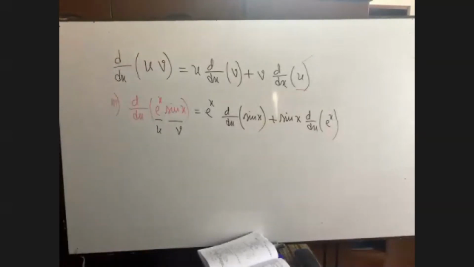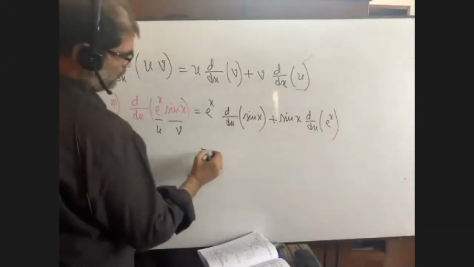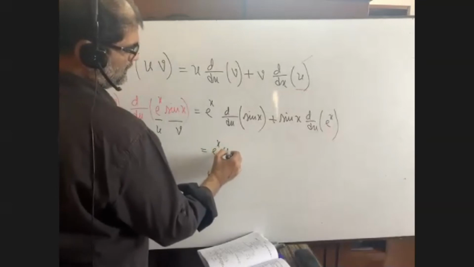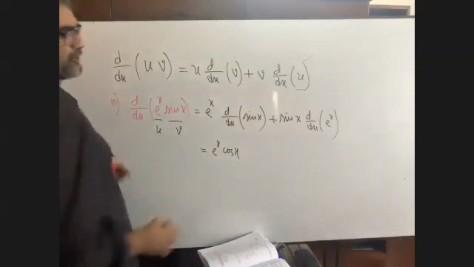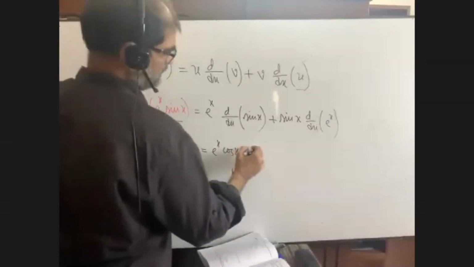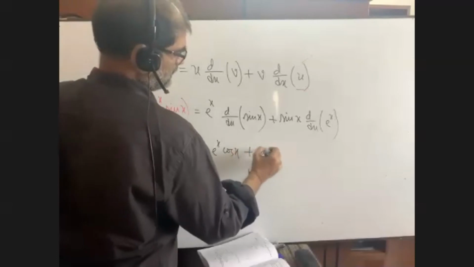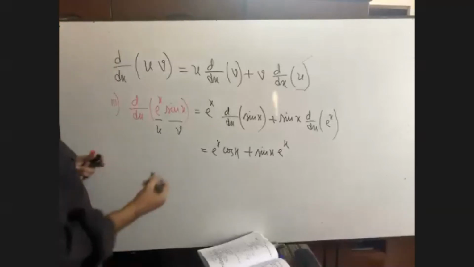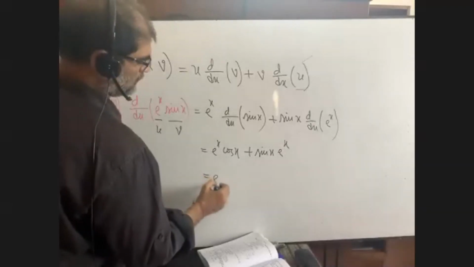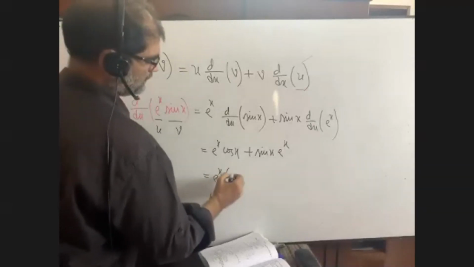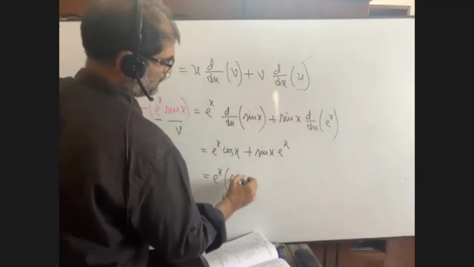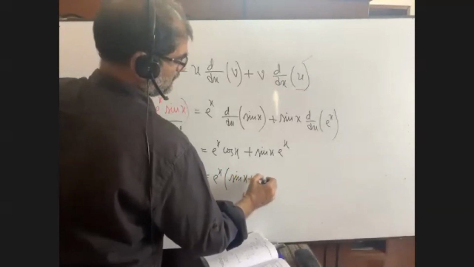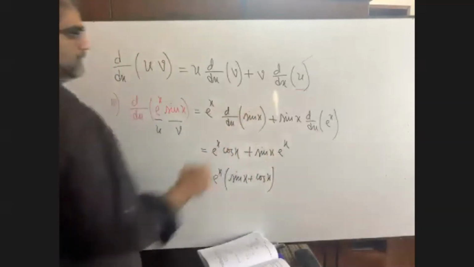Now calculate it. What is the derivative of sin x? Cosine x. So it is sin x e to the power x. Now you see e to the power x can be taken common. e to the power x, sin x plus cos x. Math is done.